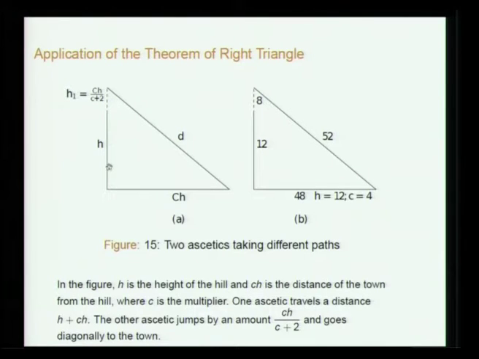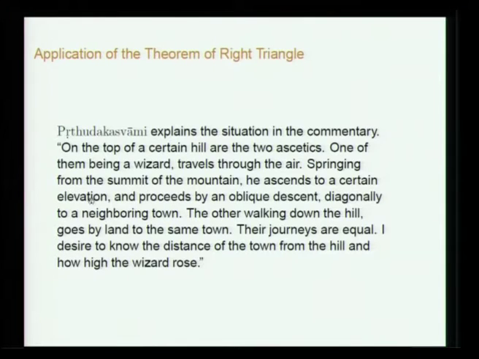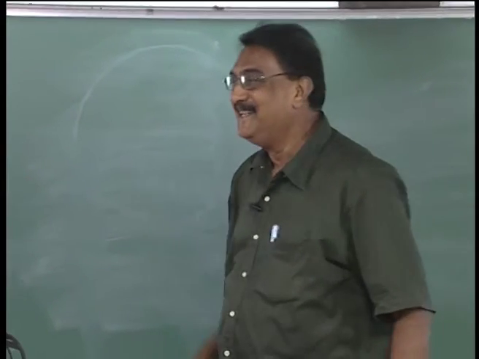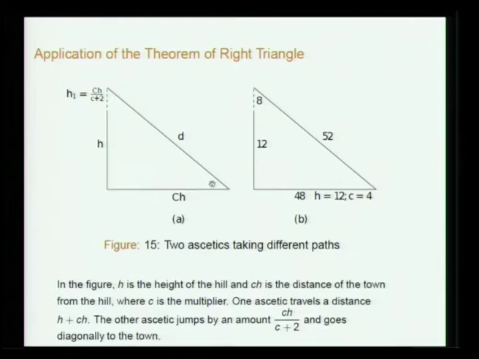So, he will just get down the hill and then walk to the town. The other, the wizard, will go up, he will leap and then zoom, he will go down, using very yogic power. It is given that both the journeys are equal. Okay. So, then what is the height and how are they related? So, that is what we have to find.